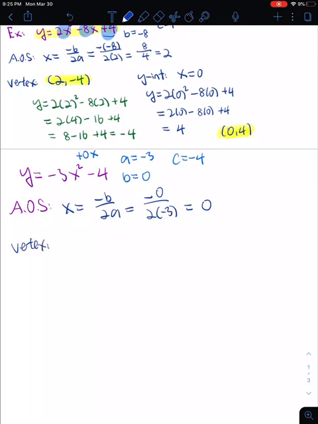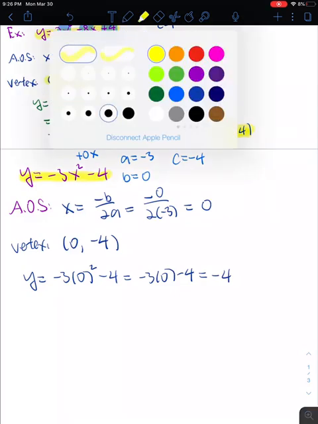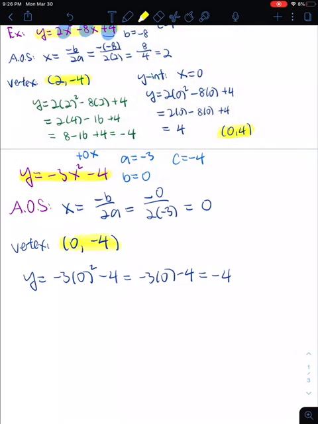So for the vertex, my x is going to be 0. How do I find the y? Well, once again, we're going to use the equation that we were given right here. So let's do y is equal to negative 3 times 0 squared minus 4. So I get negative 3 times 0 minus 4, or just negative 4. So there it is. There's my vertex.